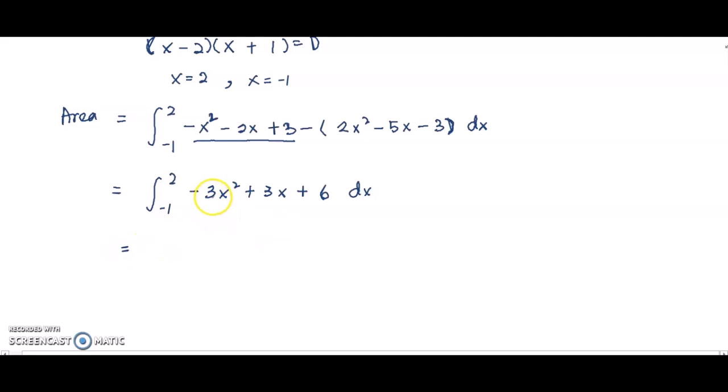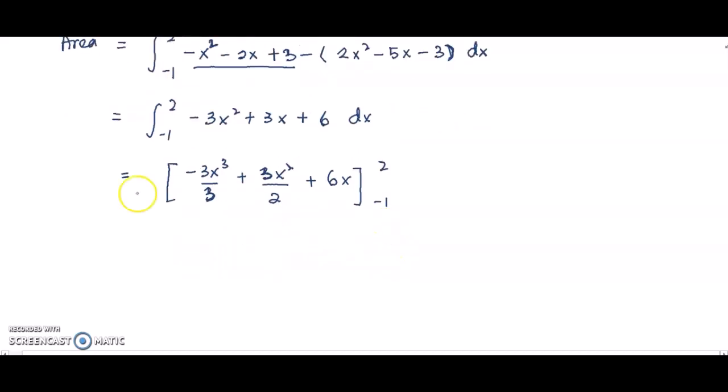Alright, you actually can factor out the negative 3, but if you want to leave the negative 3 inside the integral, it's up to you. So you get negative 3x cubed over 3, plus 3x squared over 2, plus 6x.